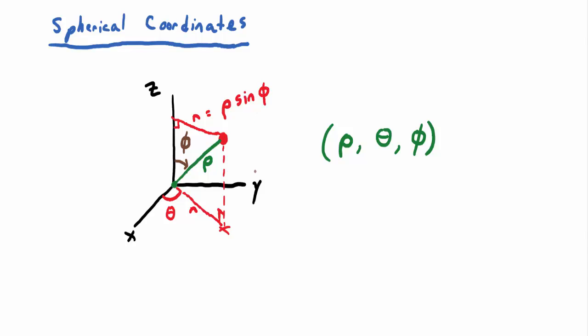Realizing that r equals rho sine of phi is very helpful when you write down some of these equations that can help you translate from one coordinate system to another. One thing I forgot to say, we're only going to let phi range between 0 and pi.